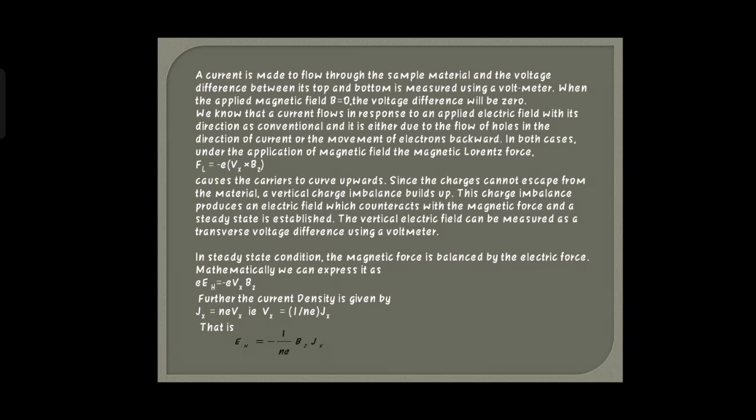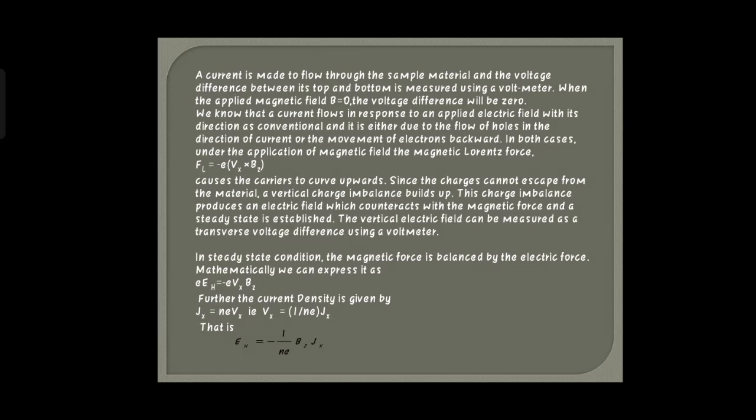In both cases, under the application of the magnetic field, the magnetic Lorentz force occurs. That is, the magnetic Lorentz force Fl is equal to minus e into Vx cross Bz, where Vx is measured along the x-axis and the applied magnetic field is along the z-axis.